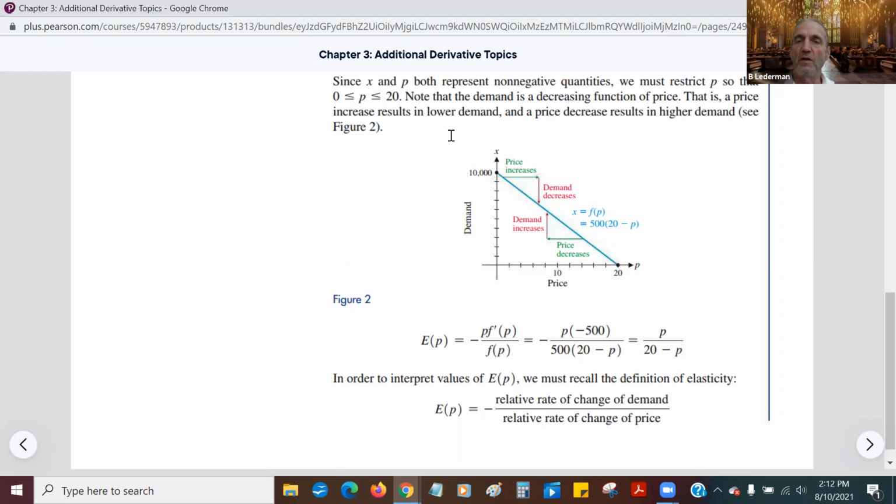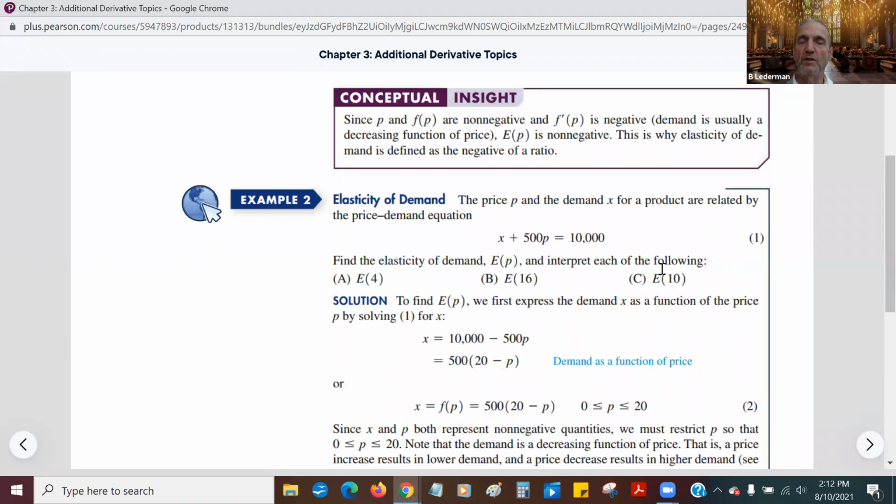Here's what the graph of it looks like. So E of P, using the formula we figured out before, is negative P times F prime over F. Just to remind us, F was 10,000 minus 500P.